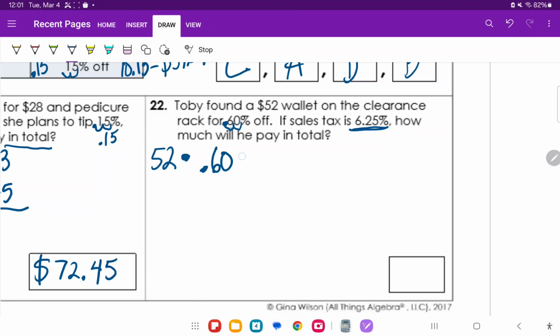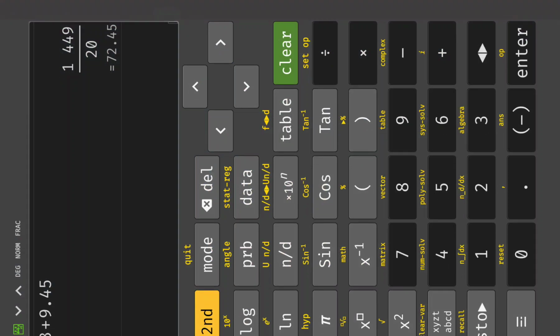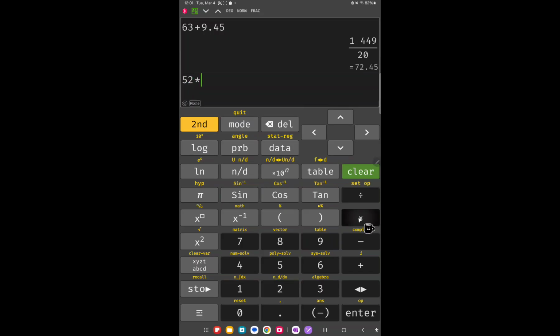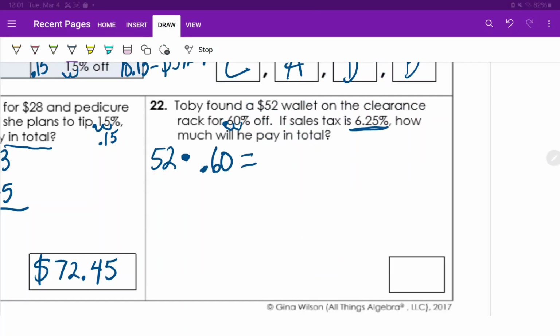So we're going to go over here and go 52 times 0.60, and that's going to be $31.20. Now that is the amount of the discount.